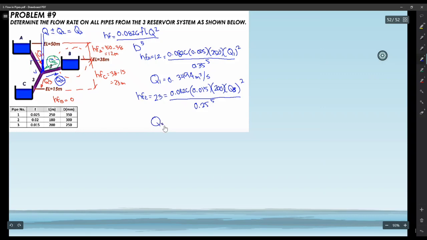So Q sub 3 equals 23 times 0.25 raised to 5, divided by 0.0826, divided by 0.015, divided by 200, and just take the square root of that. I got 0.3011 cubic meter per second.